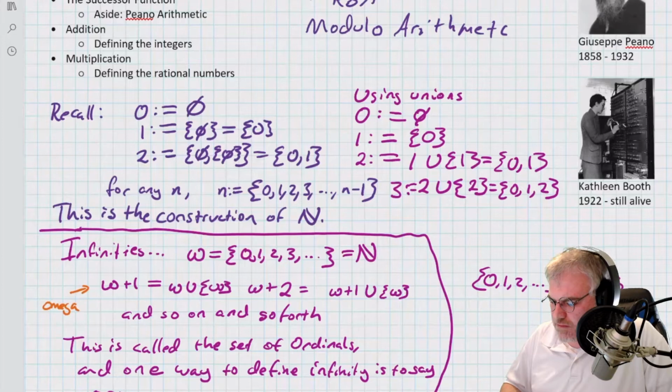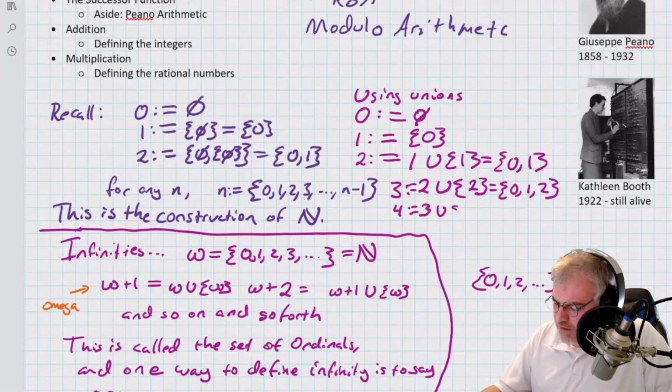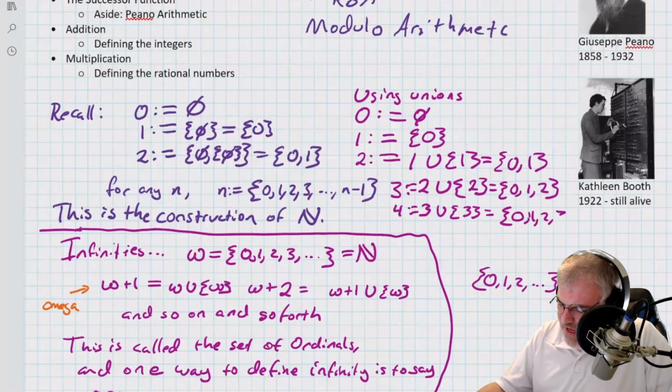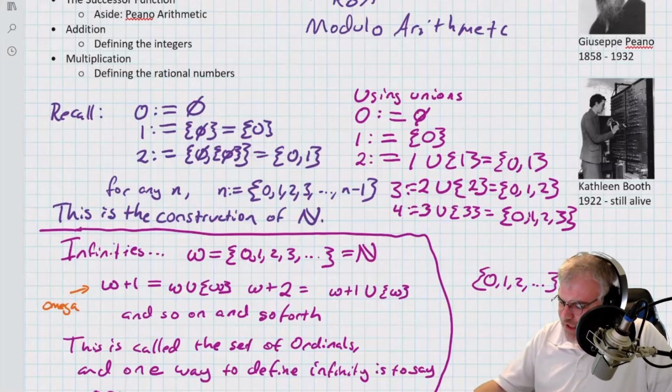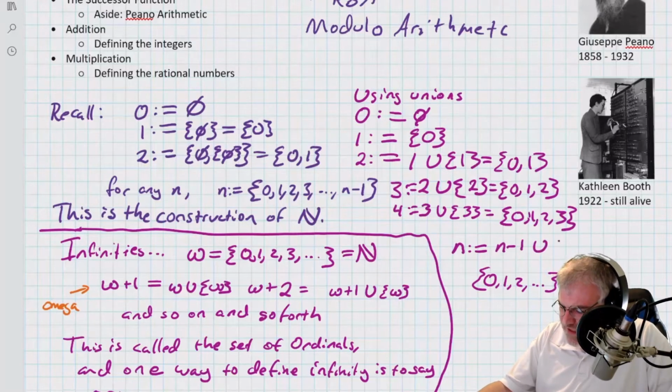Okay? 4 would equal 3 union the set containing 3, which would give me, now 3 was 0, 1, 2, and now I've added 3. Yeah, so each set for n is defined as the set n minus 1 union the set containing n minus 1.